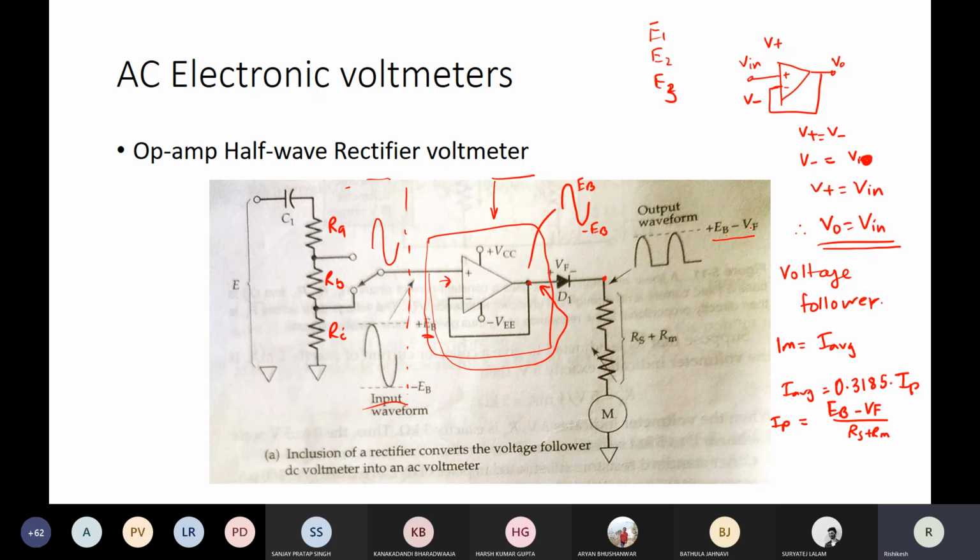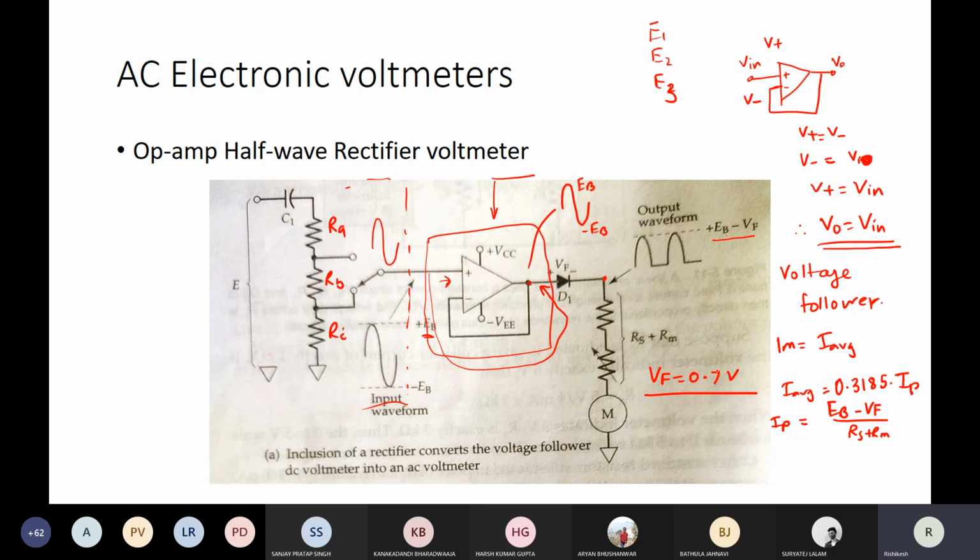The issue here is, if you remember our earlier discussion, we were always considering VF as 0.7 volts. But if the diode is not silicon based, let's say germanium based, this value will change, and with temperature also this will change. In fact, from diode to diode also this will change, right?